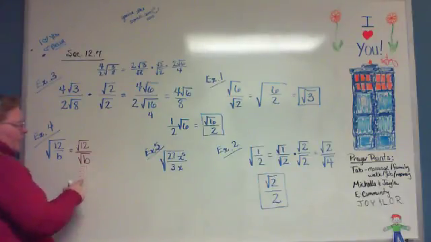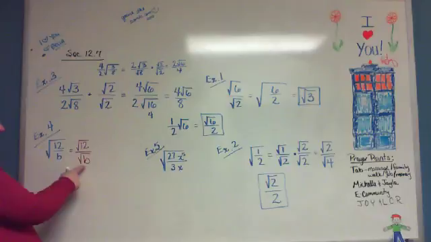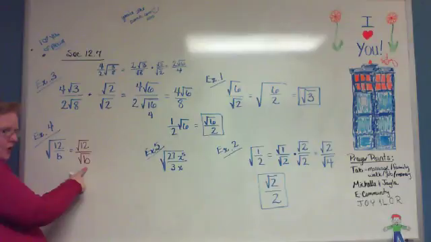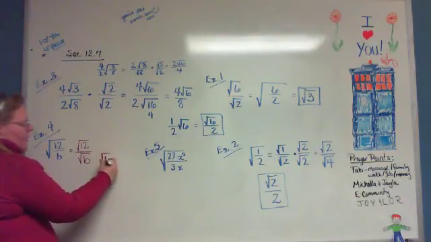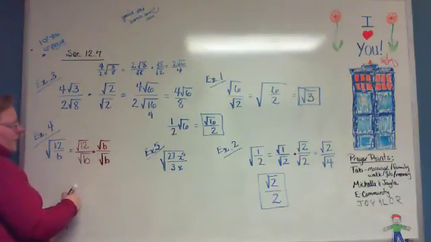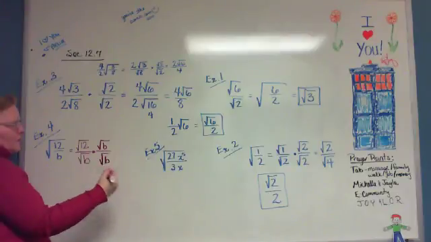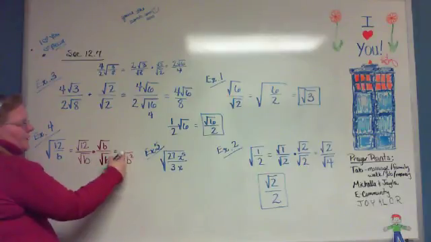Now when I start multiplying, it's not going to be helpful for me to go through the numbers 1, 4, 9, 16, because that's not a number. I have to make this a perfect square. So what times b is going to give me a perfect square? And that's going to be the square root of b, on top and on bottom. Because b times b gives me b squared. And 2 on the inside make 1 on the outside.